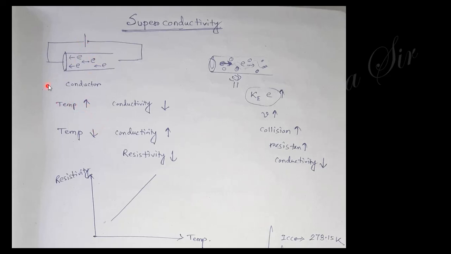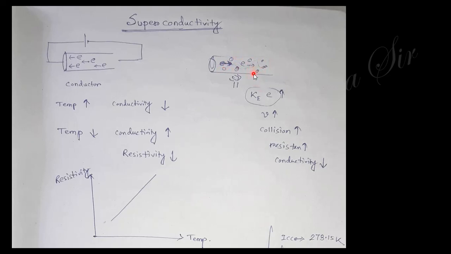When you increase the temperature of this metal, what happens? The kinetic energy of the electrons will be increased, and due to increasing kinetic energy, their speed and velocity will be increased, and high speed electrons make more collisions with the ions and between electrons also.